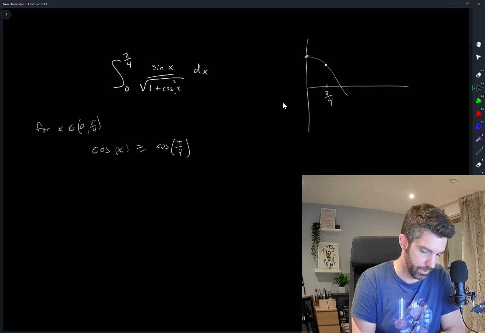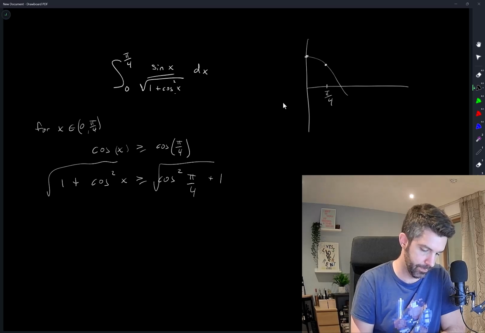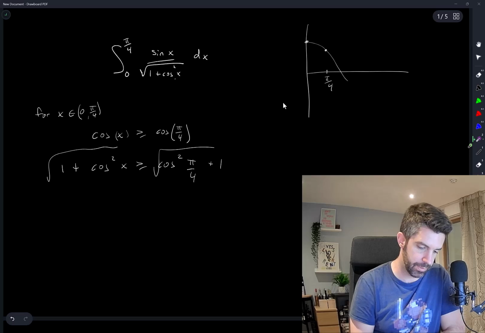And so cosine squared x is greater than or equal to cosine squared of pi over 4. You can add 1 to both sides, 1 plus that, 1 plus that, and take square roots. So if I replace the denominator with this, then the denominator gets smaller, which means the whole thing gets bigger.